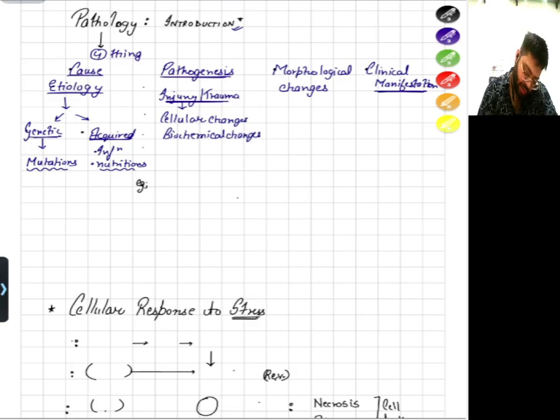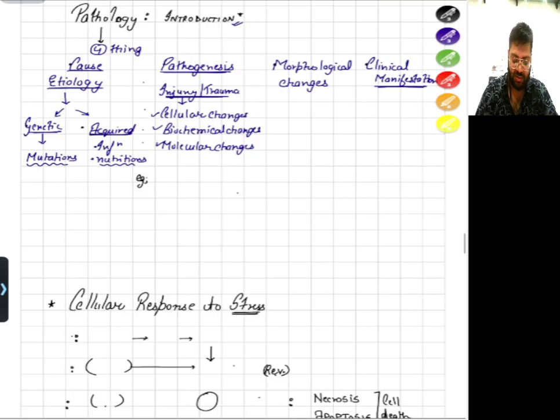And what are the molecular changes? Molecular changes are generally in the feedback mechanism due to some pathology. All these three changes come under pathogenesis. When we learn the pathogenesis of a disease, we discuss it under these three headings: cellular changes, biochemical changes, and molecular changes.